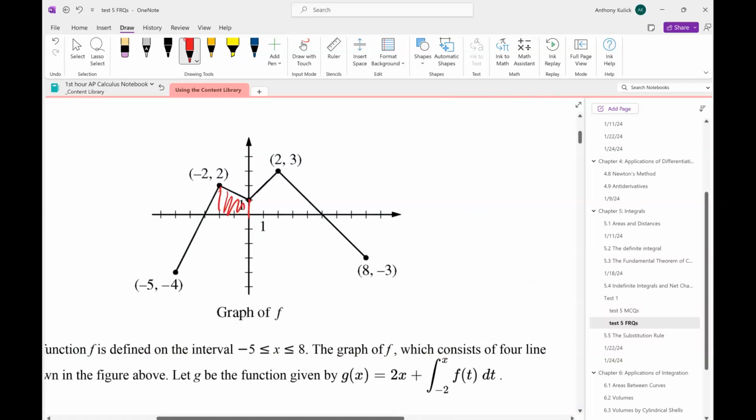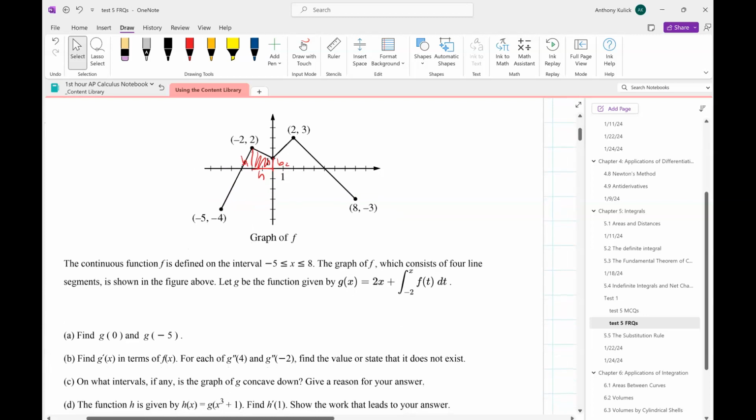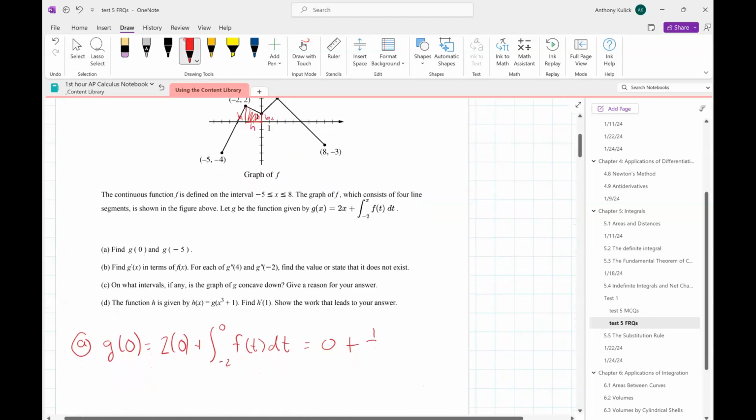Right? Isn't it just this area? What geometric figure is that? It's a trapezoid, right? So there's base 1, base 2, height. The area for a trapezoid is 1/2 base 1 plus base 2 times height.